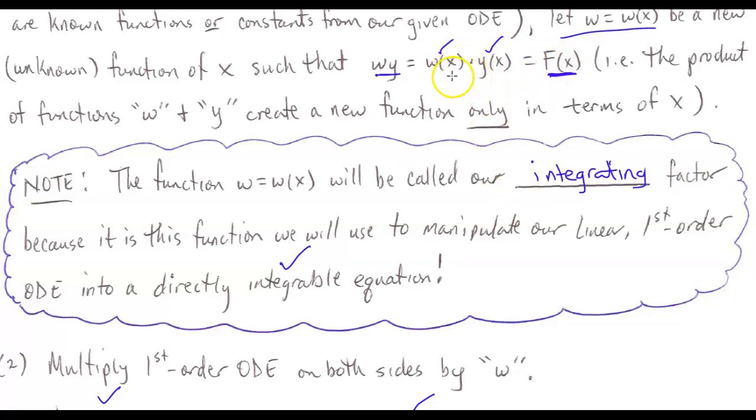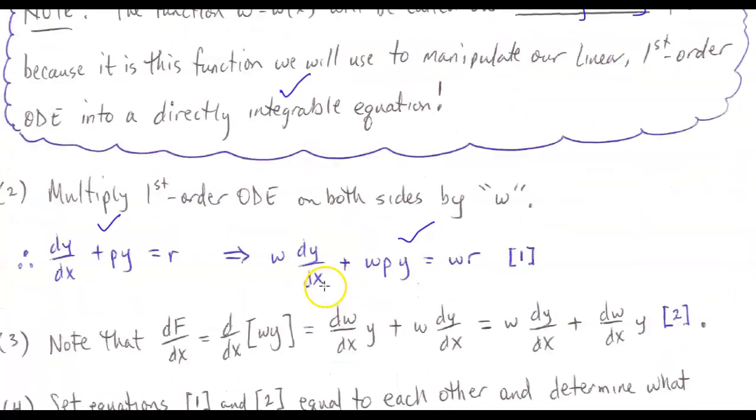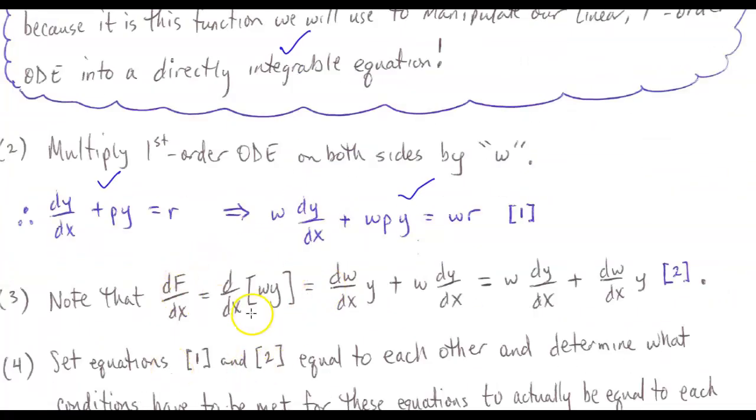So in using the product rule, we'll take the derivative of w times y, plus derivative of y times w. And that would be the derivative of what the function big F of x is, which is the derivative of the product of these two functions. So if we note that, that's where we get that the derivative of big F of x is equal to the derivative of the product of w and y, and it looks like this. Okay, and of course, what I've done here is just switch the place of these to make it like that.